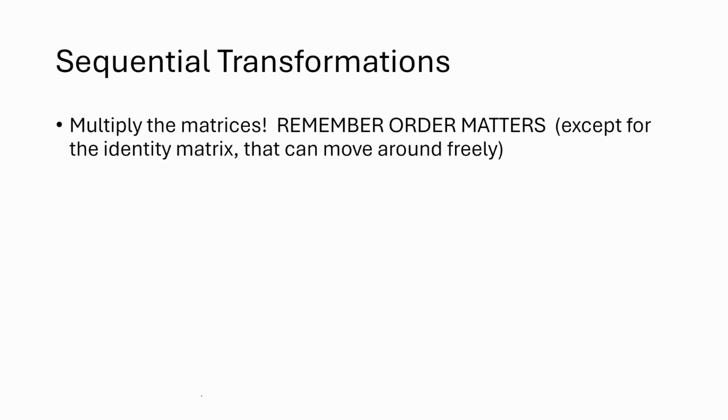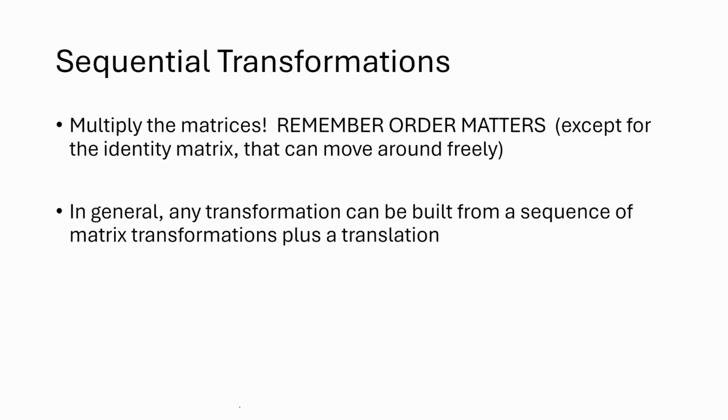Okay. I said this in words before, so I just want to put it in writing with a reminder that order of multiplication matters with matrices, except for the identity. That's our number one. It can move around anywhere. So any transformation can be written as a combination of simple transformations acting in sequence, possibly including a translation somewhere in there as well.